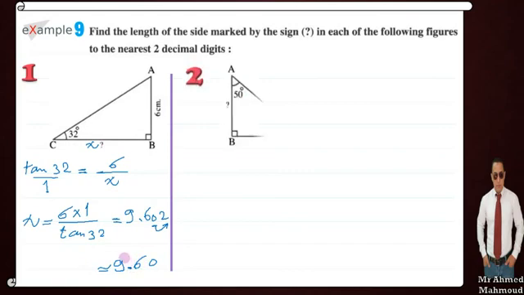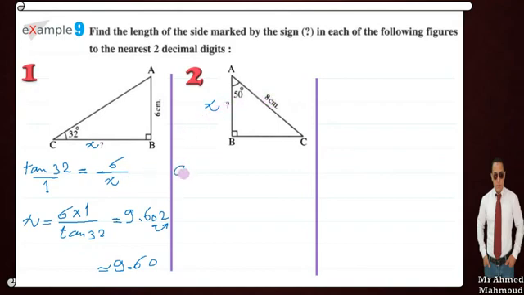Number 2. Here the required is AB. I call AB x. What is the relation between angle A and 8 and x? For angle A, x is the adjacent and 8 is the hypotenuse. Adjacent and hypotenuse, this is cosine.